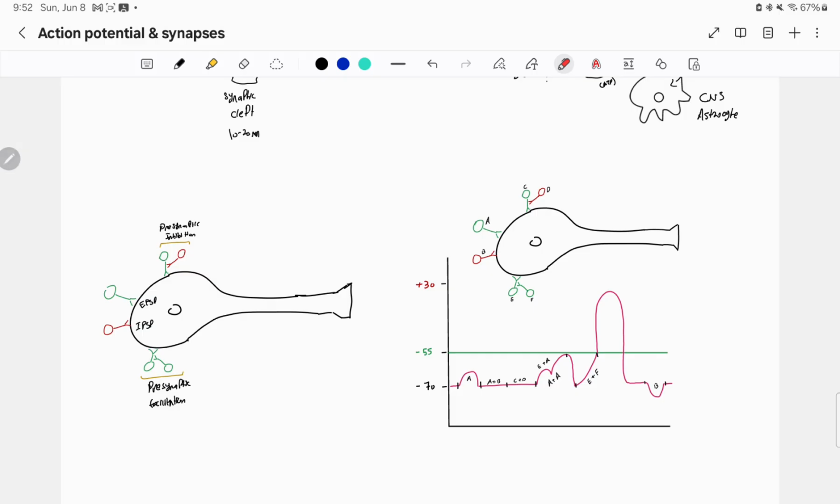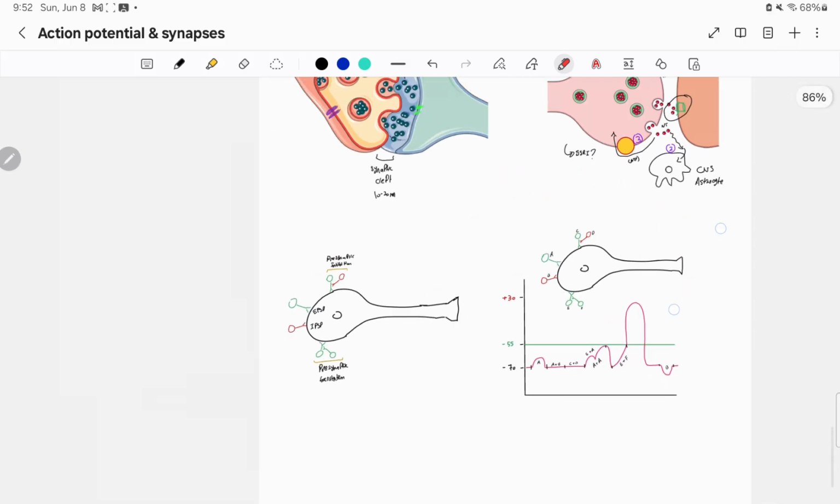That's how all of our nervous system works. All of our neurons are constantly receiving many, many inputs. In fact, the dendrites and the cell body of a given neuron can receive as many as 100,000 synaptic inputs. That's very impressive, okay? So keep that in mind when just learning this concept.